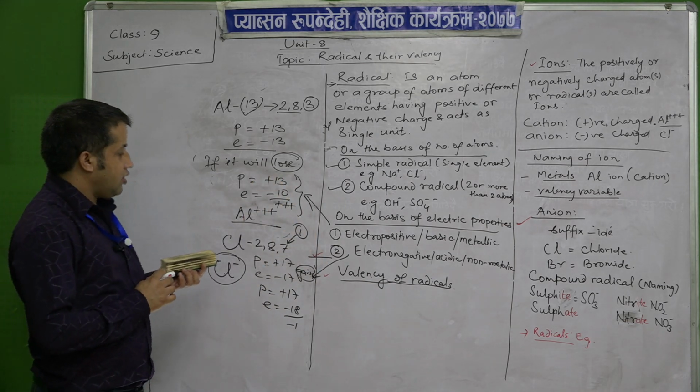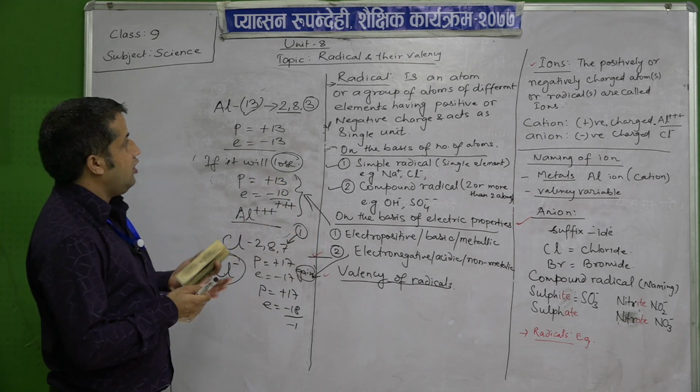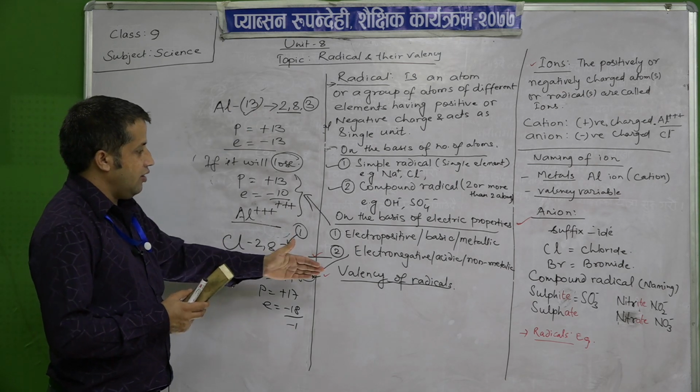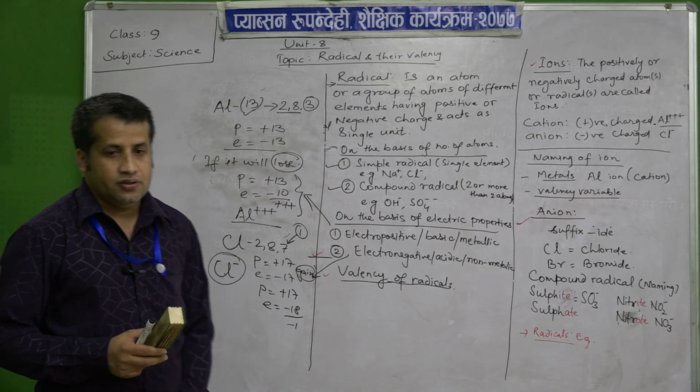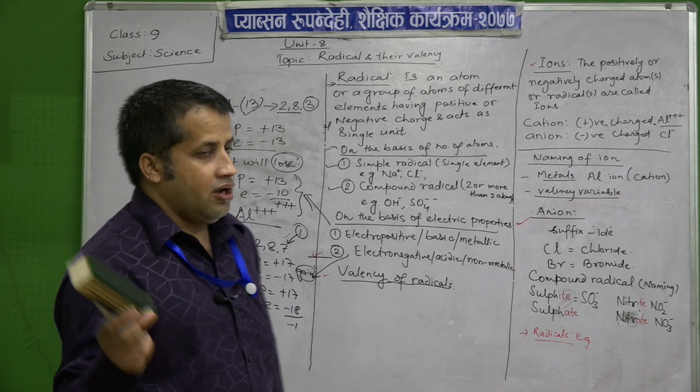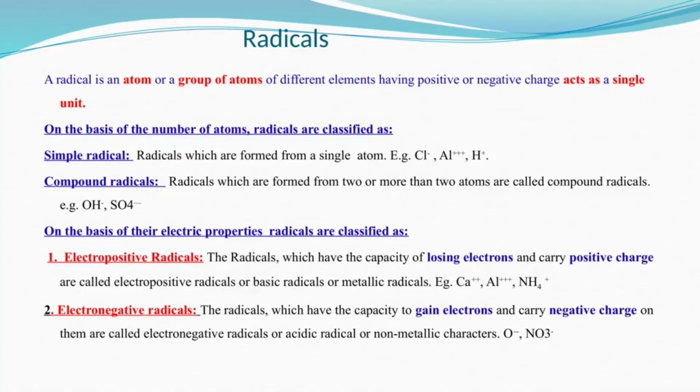So this is about radicals and the definition which we have seen. Let's see the same thing in the slide. So, what are radicals? You can write the definition by looking at the screen.